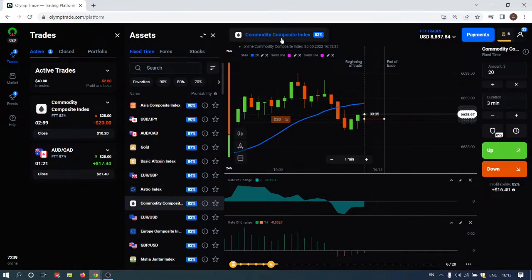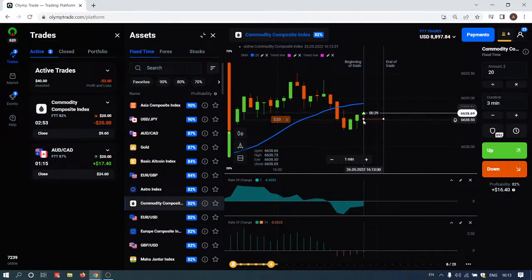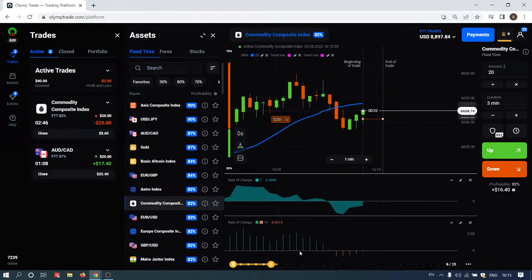Right, let's give it a try here. So commodity composite index. Once again, the signal is here. We are trading under the 20 SMA. Next, the fast ROC is under the midline, and the 14 ROC, yes, once again we are under the midline.